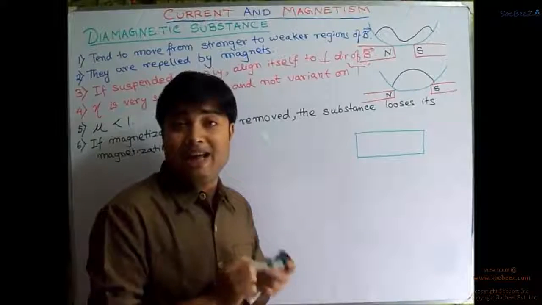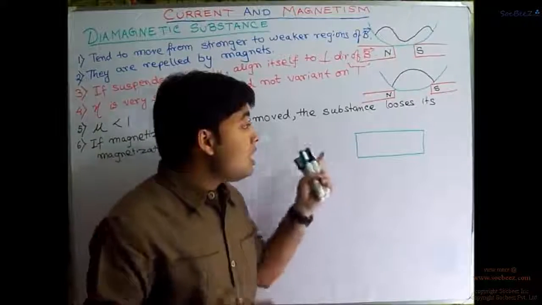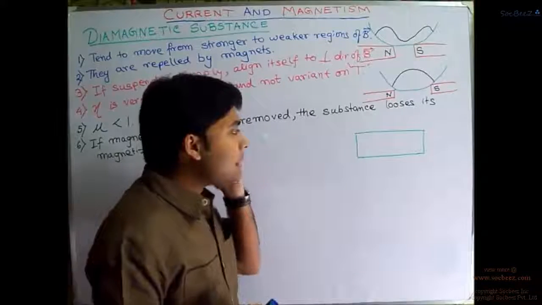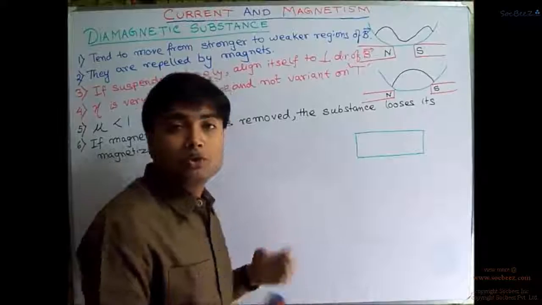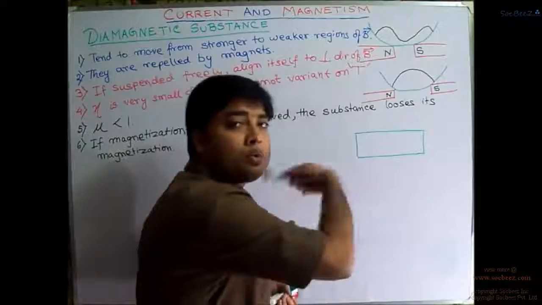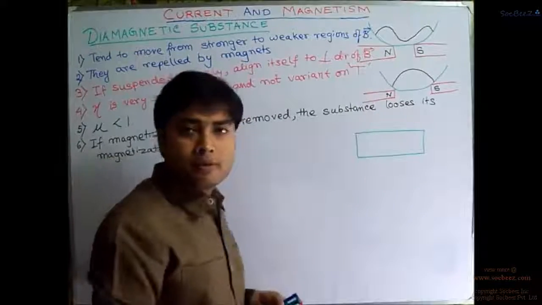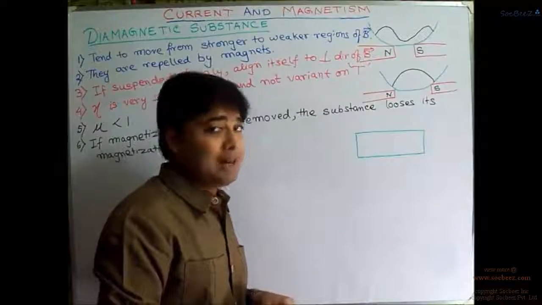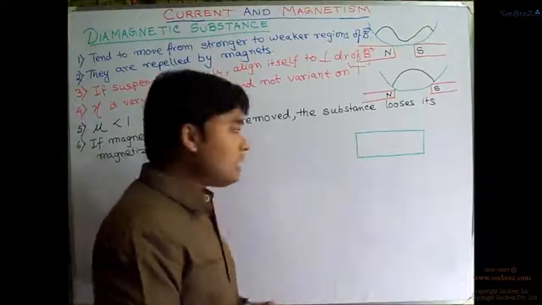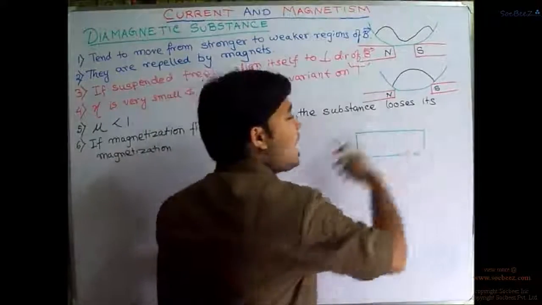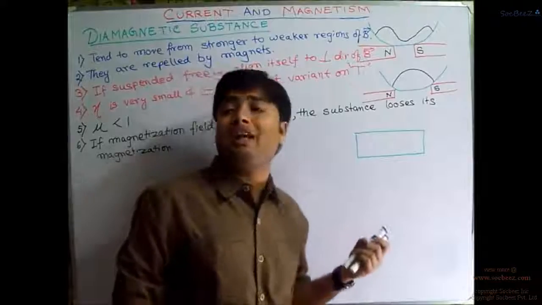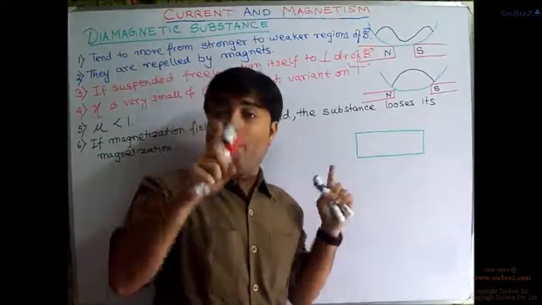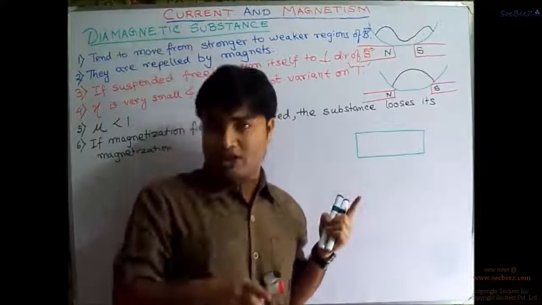And it is placed in a magnetic field. Now, if it is placed in a magnetic field, obviously the magnetic lines of force will pass over there. Had it not been any kind of magnetic substance, the lines would have passed as if there was nothing, or they would have been perpendicular to the surface.